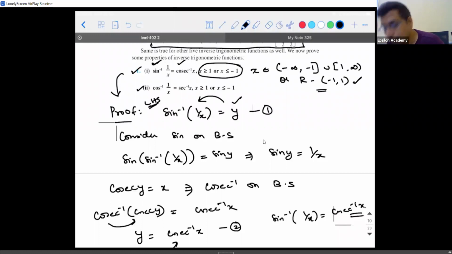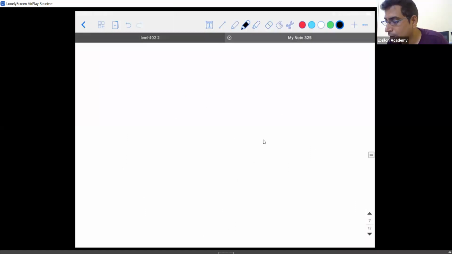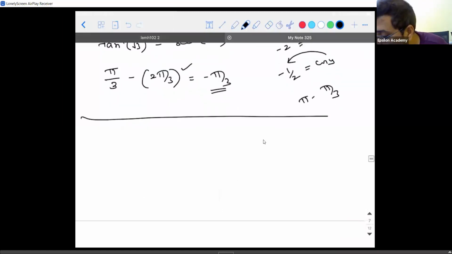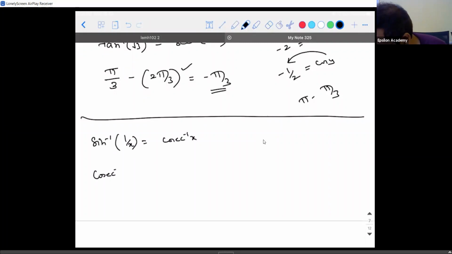Now I'll put a question in reverse. If sine inverse of 1 by x is equal to cosecant inverse of x, then cosecant inverse of 1 by x will be equal to how much? Sine inverse of x.